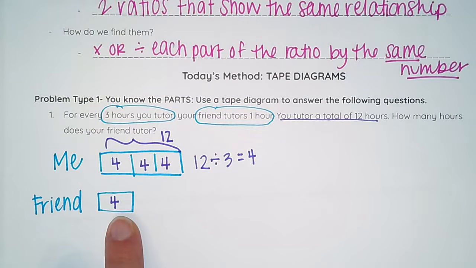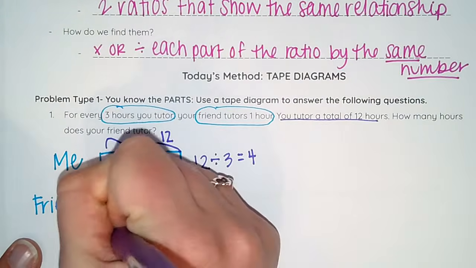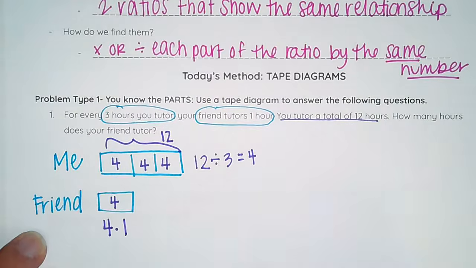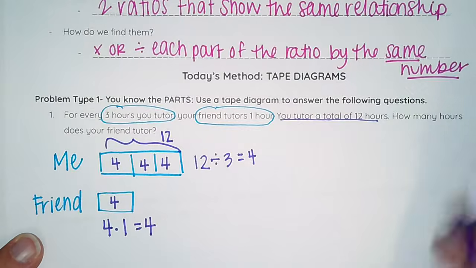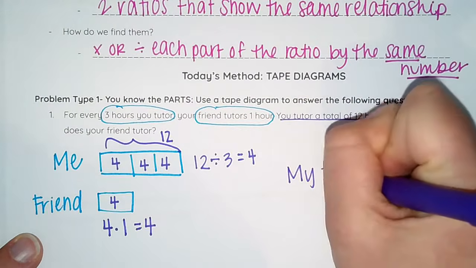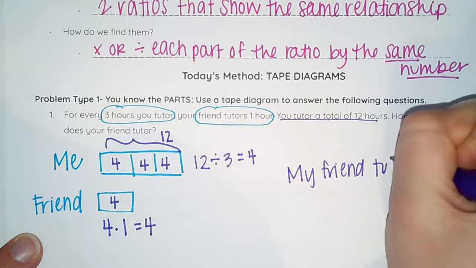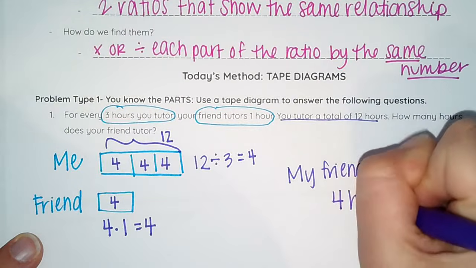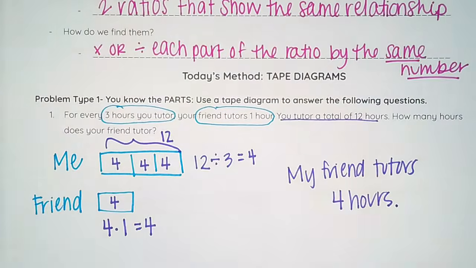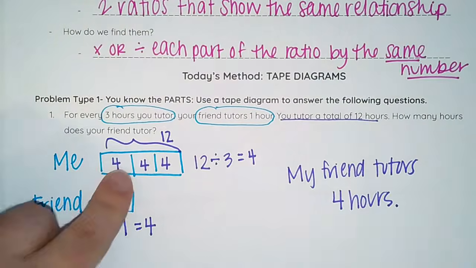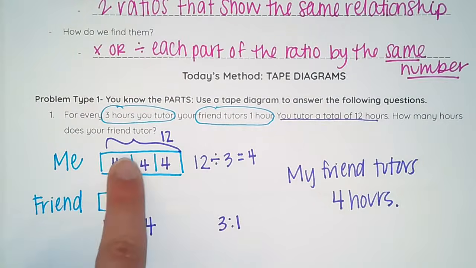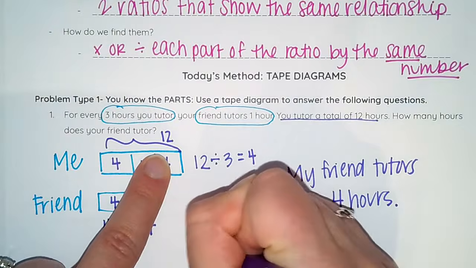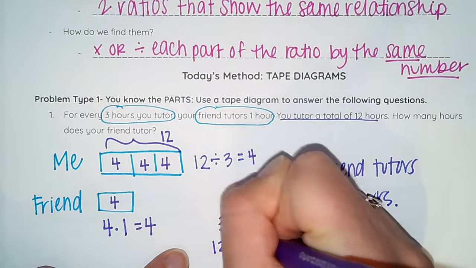So if my friend tutors 1 hour for every 3 hours I tutor, we have 4 times how many hours? 4 times 1 part gets me 4. So my answer is my friend tutors 4 hours. So these are equivalent ratios. Our first one was 3 to 1, and now when I have 12 hours, the equivalent ratio is 12 to 4.